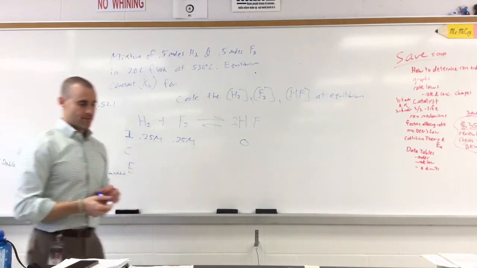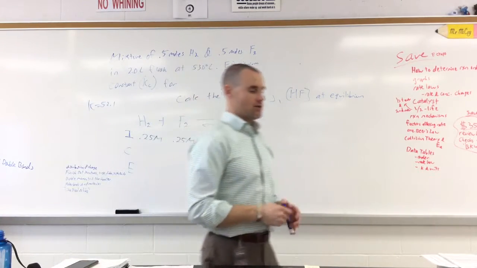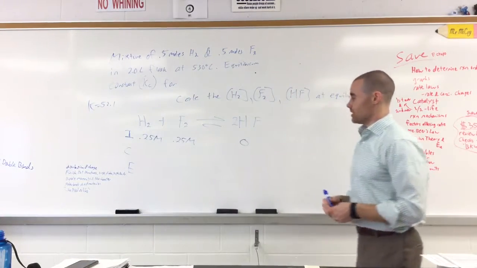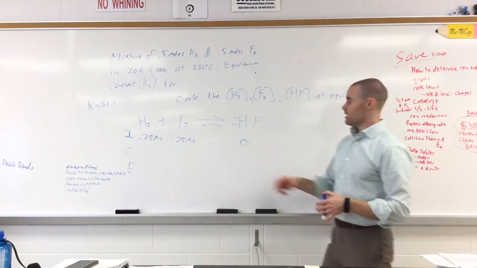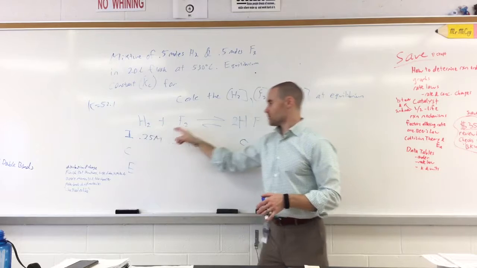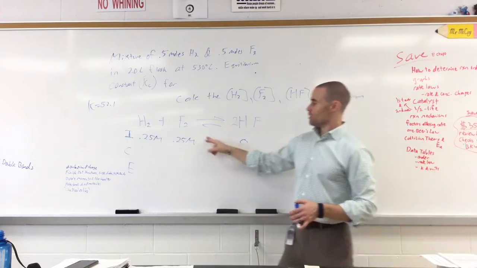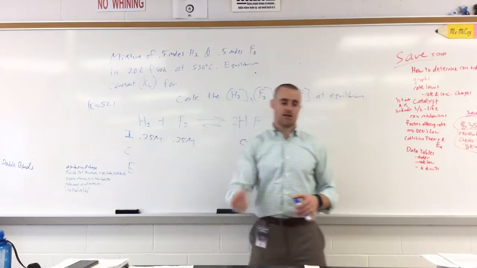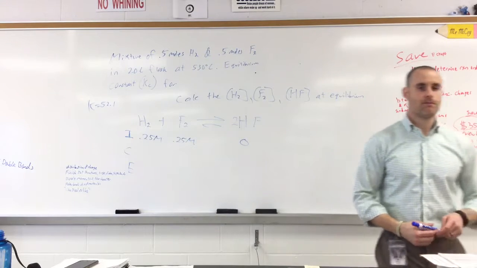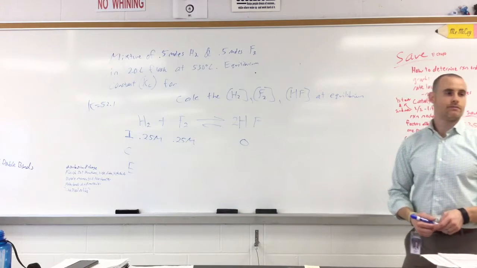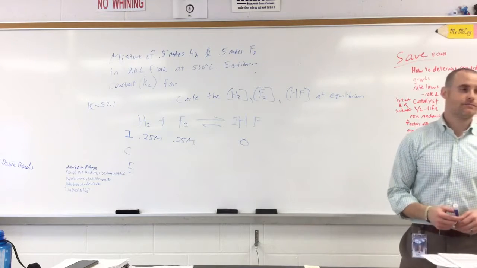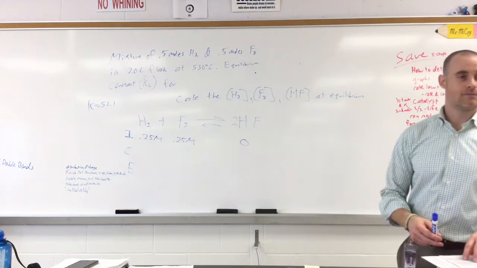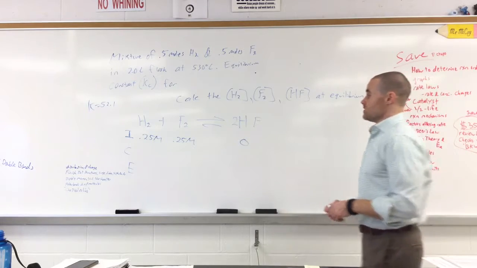Now, change. How is this reaction going to change? If these two reactants are going to form products, what's going to happen to these numbers? Are they going to get smaller or bigger? Smaller. Why? They're being consumed.